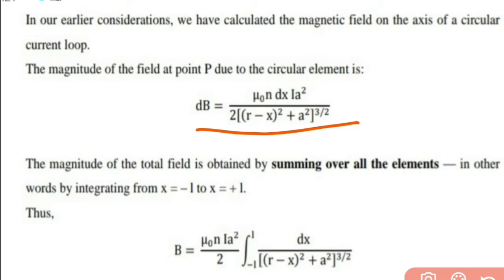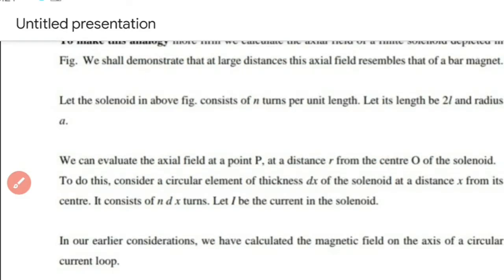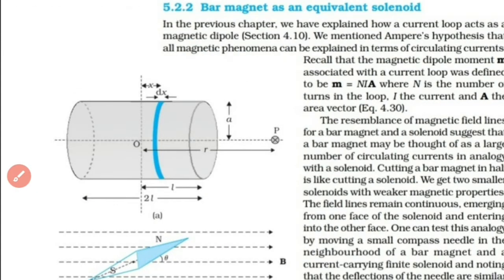That means here we have written the expression for magnetic field due to a very small element, that is of length dx. Now we have to sum over all the elements, or otherwise we have to do integration from minus L to plus L. Why is the integration from minus L to plus L? This is the solenoid or the bar magnet.